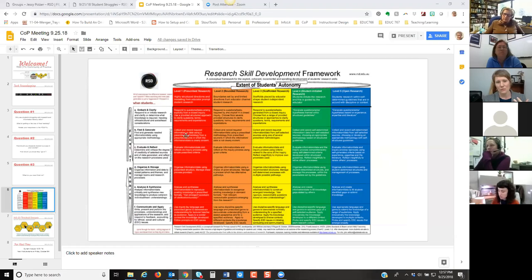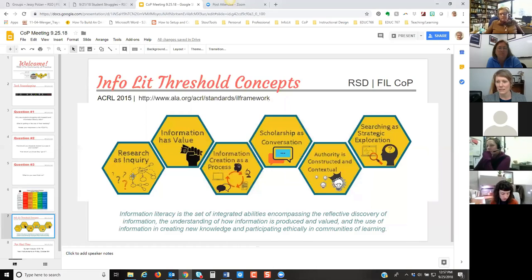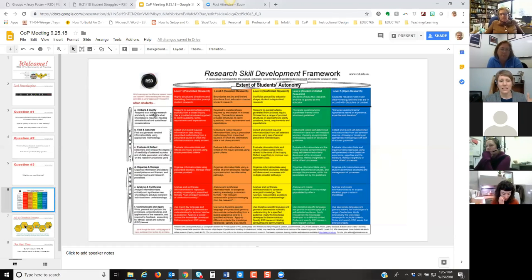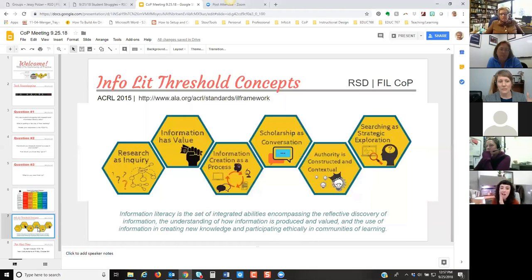So we all have complaints that students can't do this. They can't embark and clarify. Why? Sometimes it's just the fact that they don't see research as inquiry. So when we as teachers can flip the lens, and not just say they can't do this, they can't do this, we can start to see, well, what piece is missing?